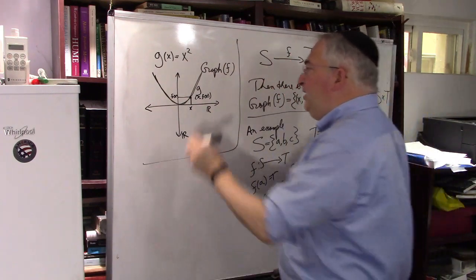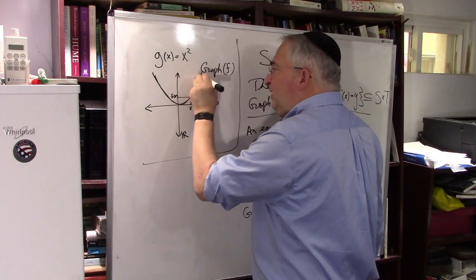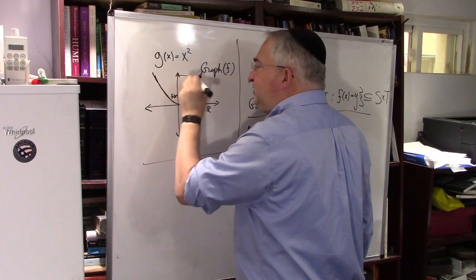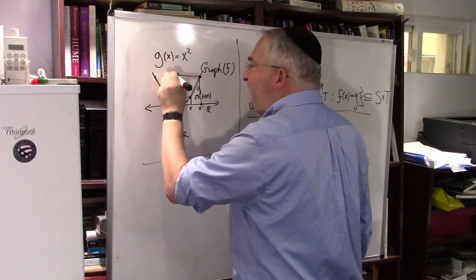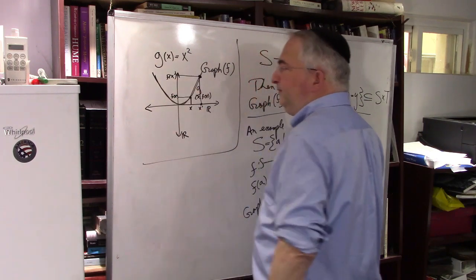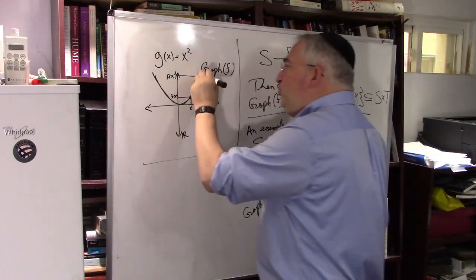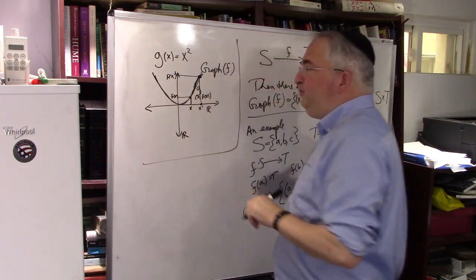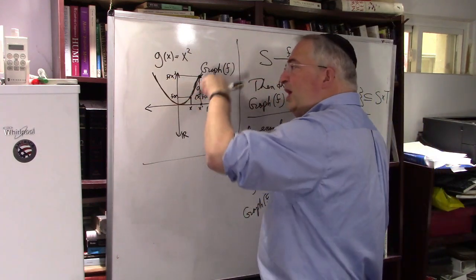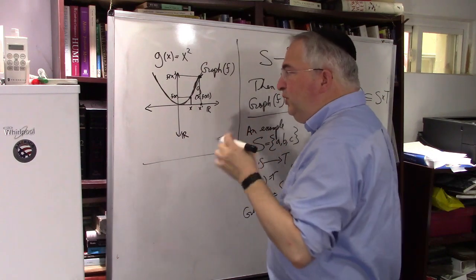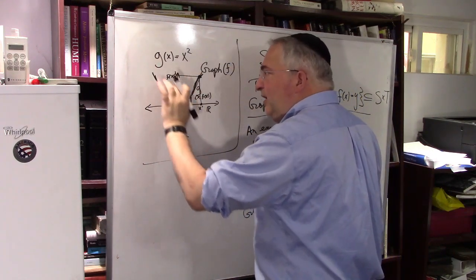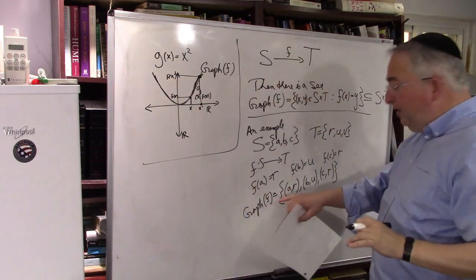And this point, let's say here, this is x prime, and guess what this is? This is f of x prime. So when you were in 9th grade, 10th grade, and pre-calculus, and you're making this graph, what you're doing is you're highlighting the elements that are in the graph.